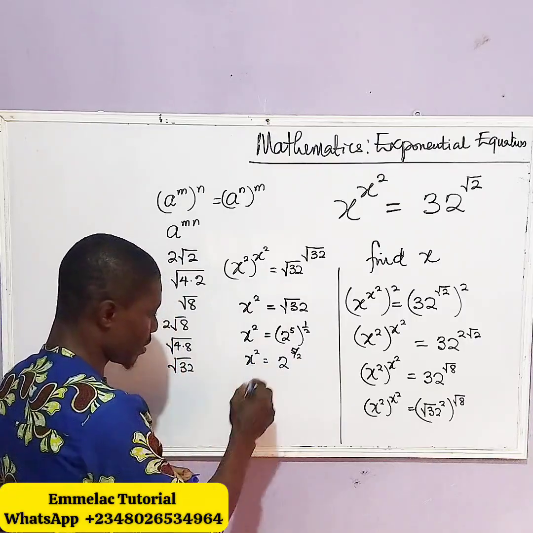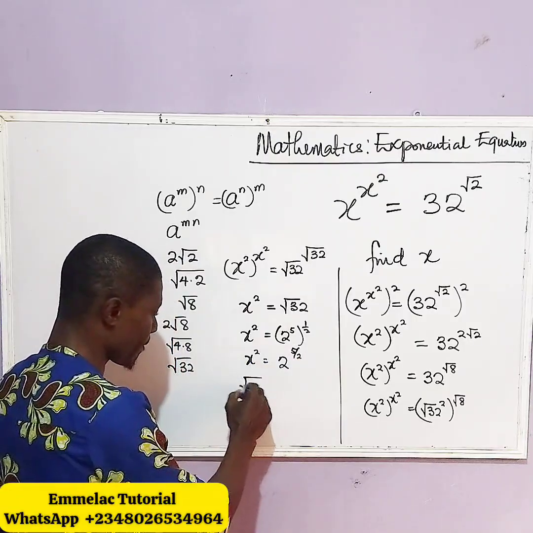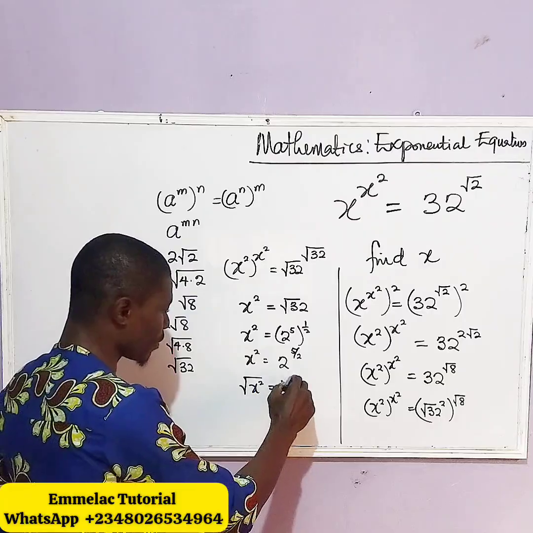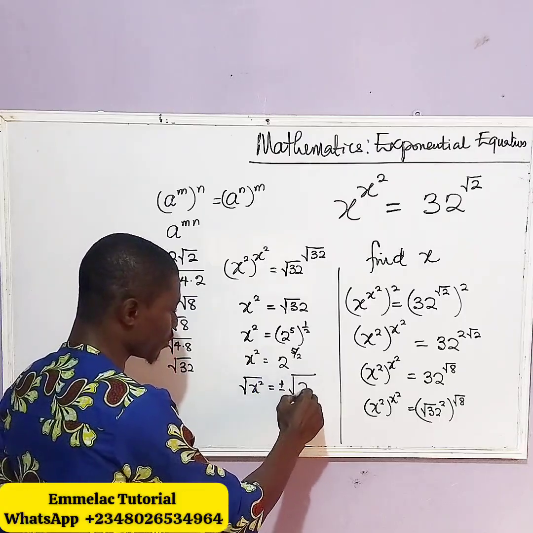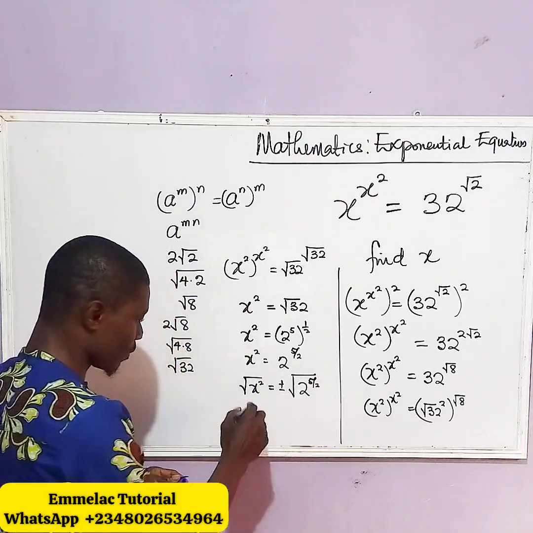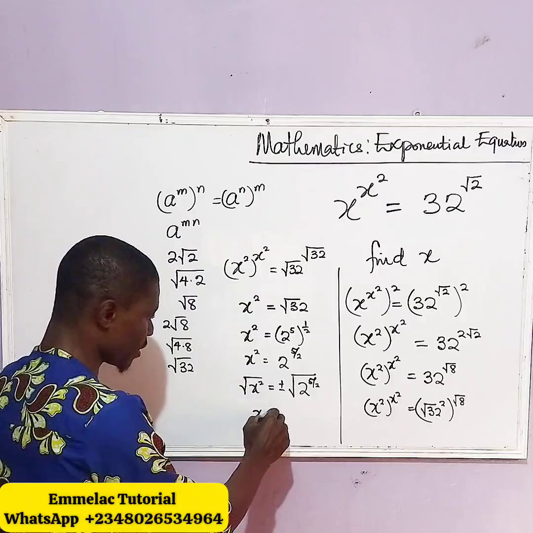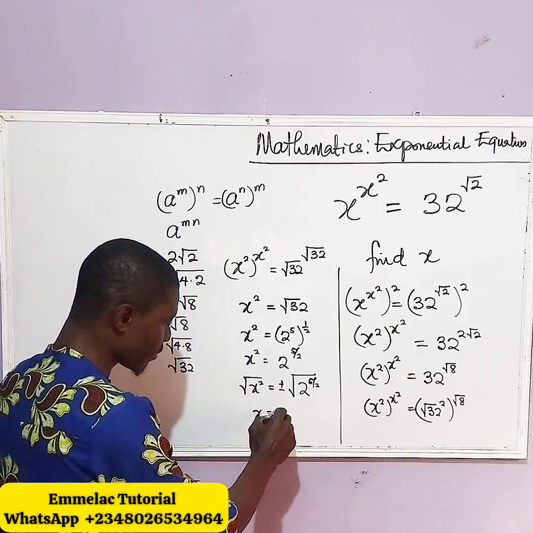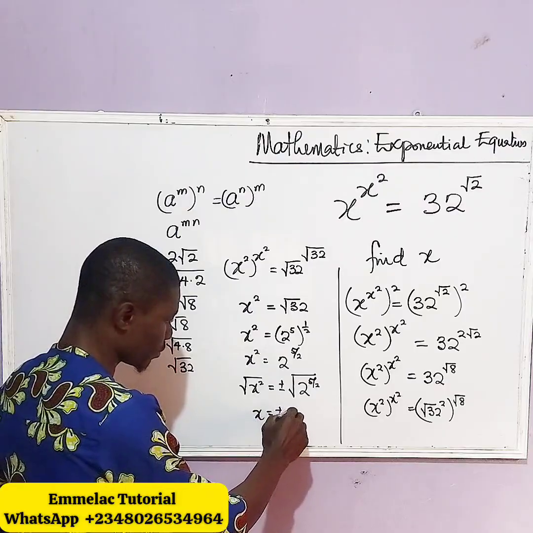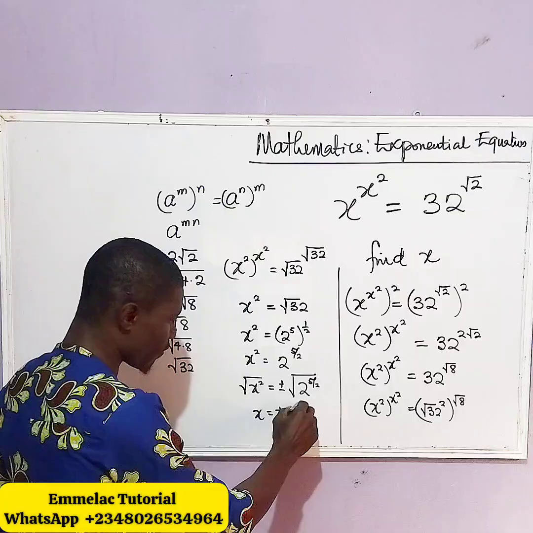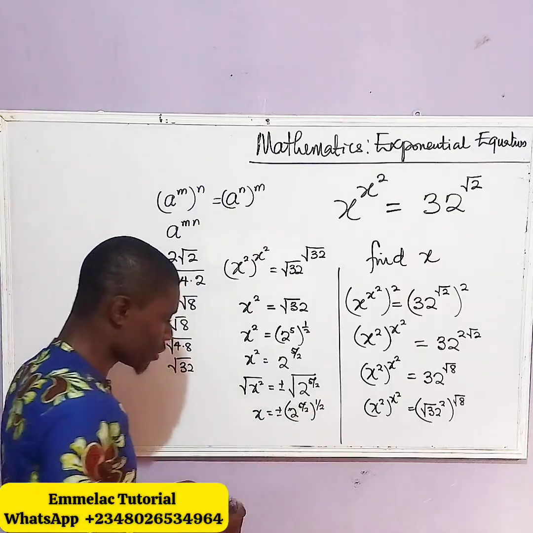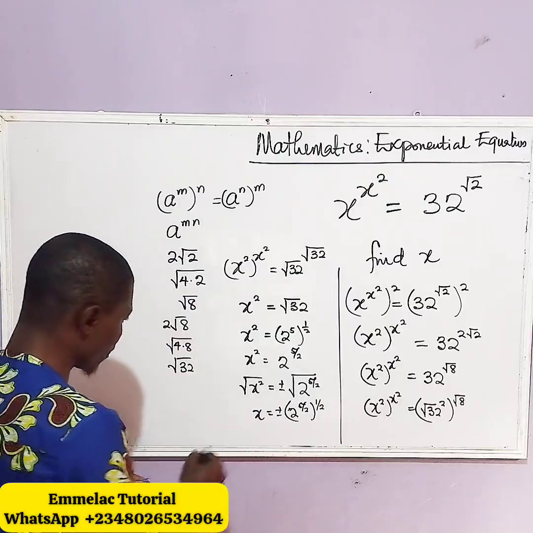Let me just say the square root of x raised to the power of 2 then equals plus or minus the square root of 2 raised to the power of 5 all over 2. So this will give us that x equals plus or minus 2 raised to the power of 5 all over 2, all raised to the power of 1 all over 2.